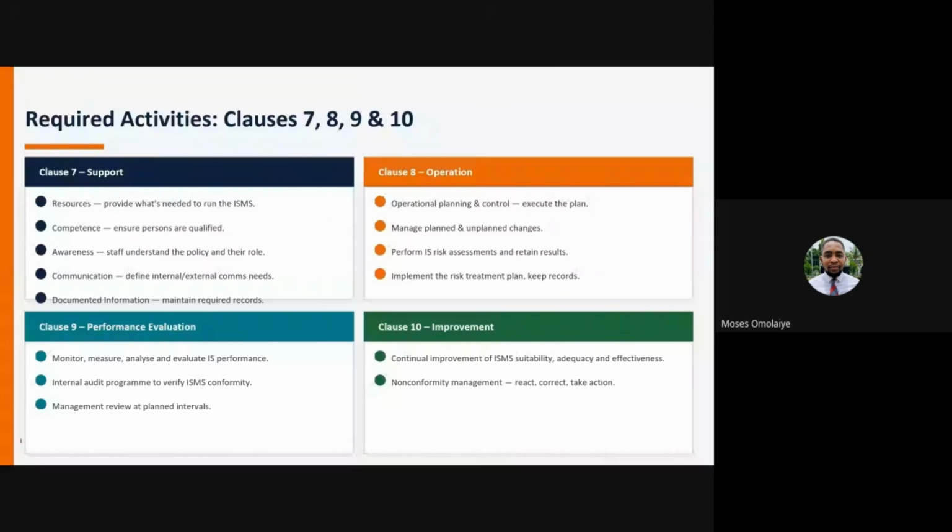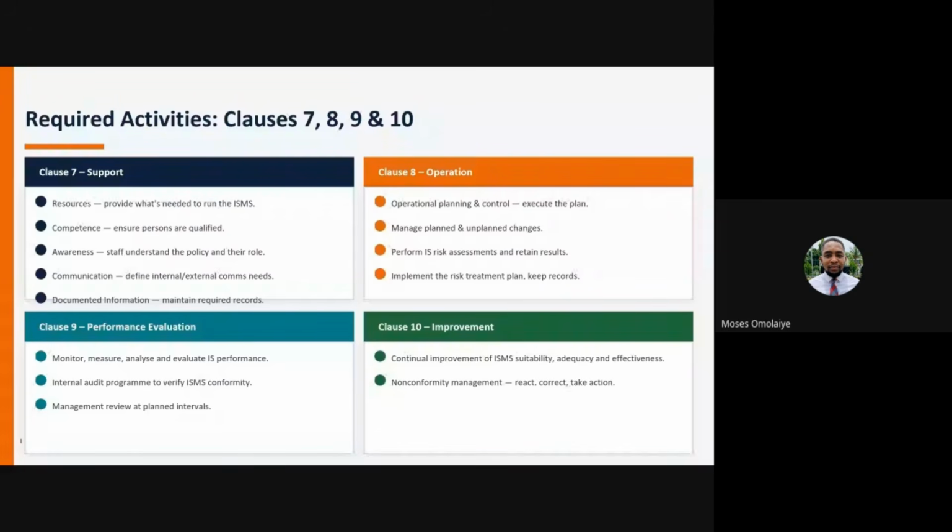Then we have support. Now, management has to support with resources, providing what is needed to run the ISMS, ensure that persons are qualified, the competence, and then awareness must be part of it. Staff need to understand their roles and the policy, the information security policy, and other security-centric policies. And then communication.